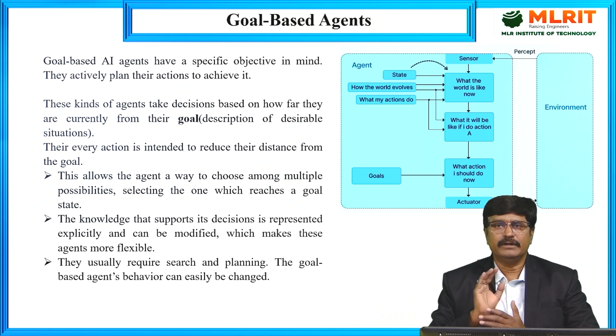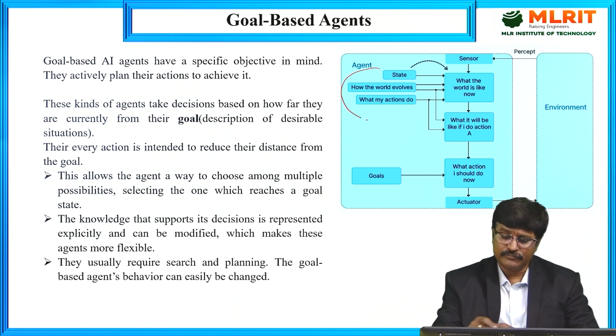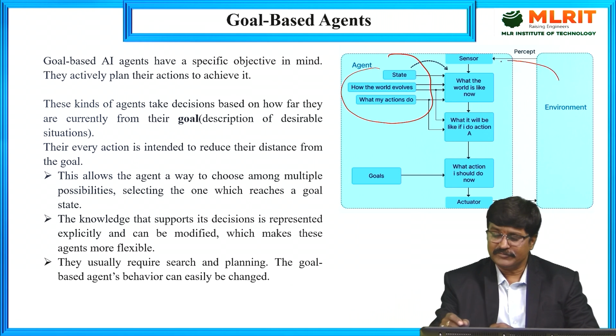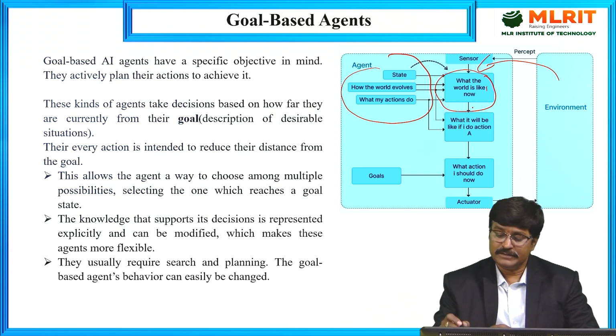This is purely goal-based. It is the same kind of system, and the same kind of internal state is there. It takes the perceptions of the environment and what the world is like now, and based on the previous state and present state, it questions what the situation will be like.